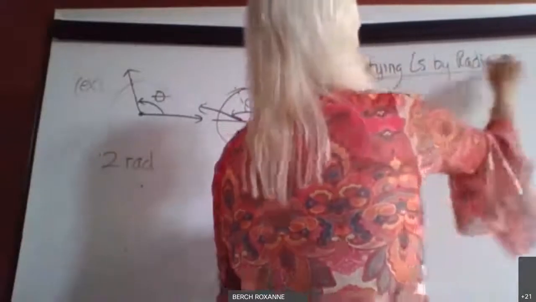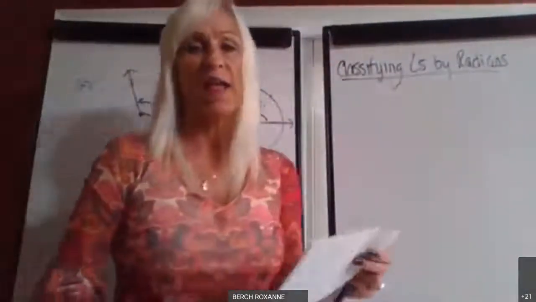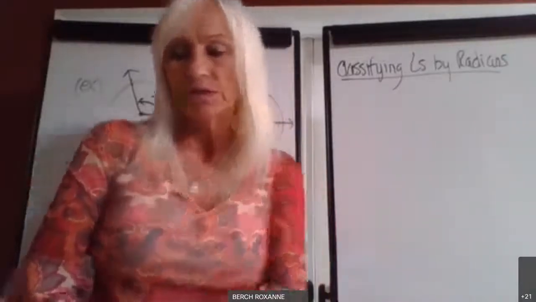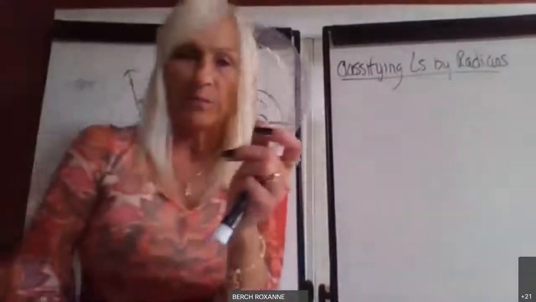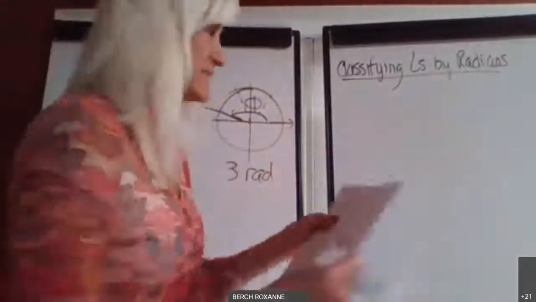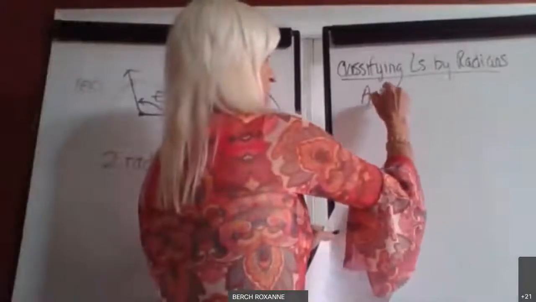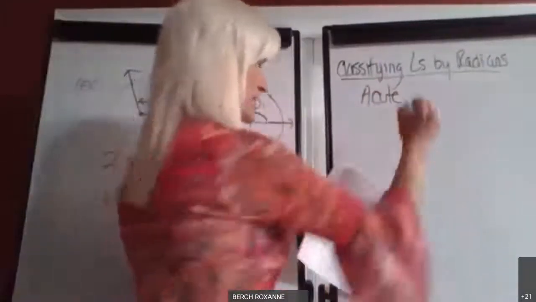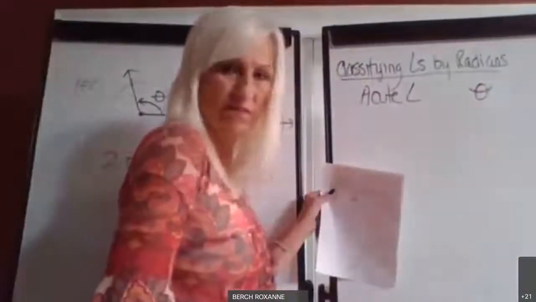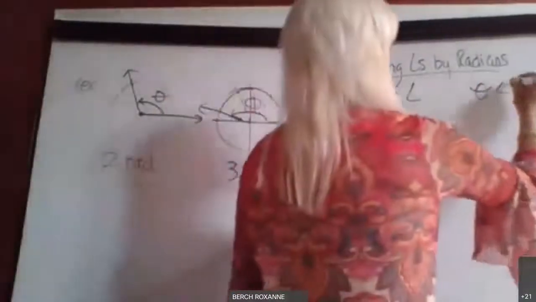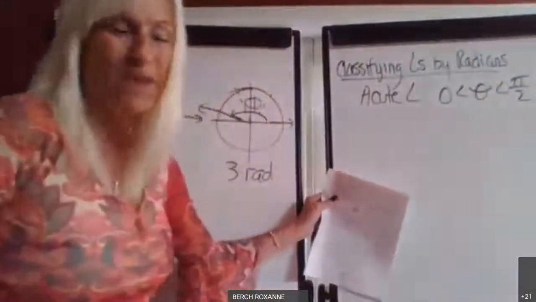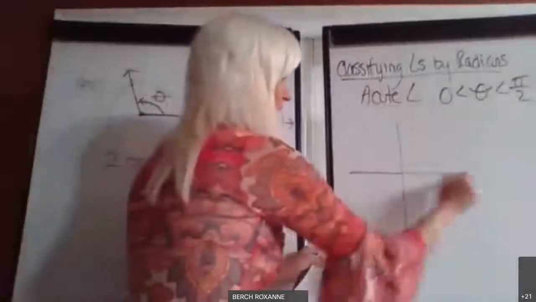So in trigonometry, we like to measure angles using radians. It's going to be easier. Measuring with a protractor would be harder. Measuring with radians is going to be easier. So an acute angle in radians is going to be the angle, theta, less than pi over 2 and greater than 0. Because think about it.